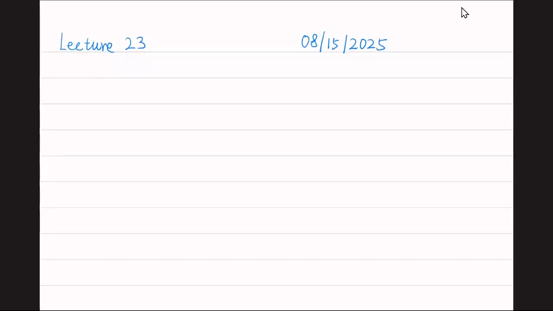So last time we learned the formulas, the calculus for polar curves. The curve will be something like this.